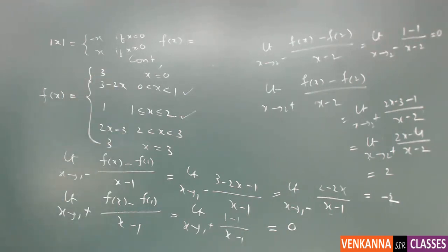Because you know how to calculate the limits and derivatives, this example gives the other idea. So continuity is just a necessary condition but not a sufficient condition for the function to be differentiable at the point. Fine. Is it clear?